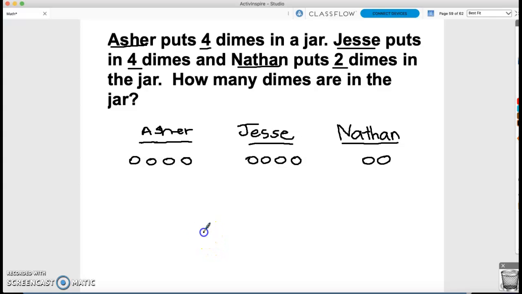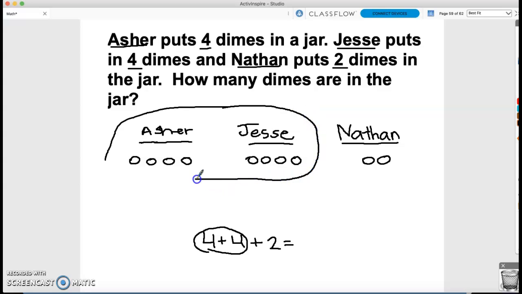So I'm going to write my number sentence. Asher has 4, plus Jesse had 4, plus Nathan had 2. So I see that I can make a double. I have a doubles right here, 4 plus 4. So I'm going to add Asher and Jesse first.